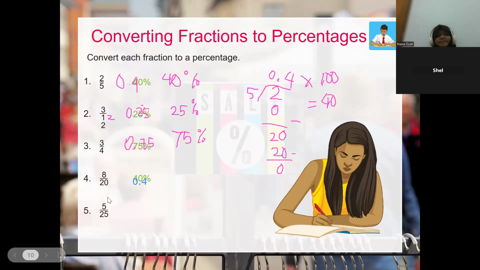Yay, you can do it. 5 divided by 25. Is it 0.2? 0.2.